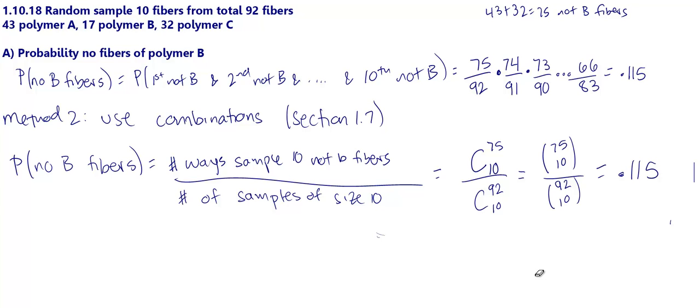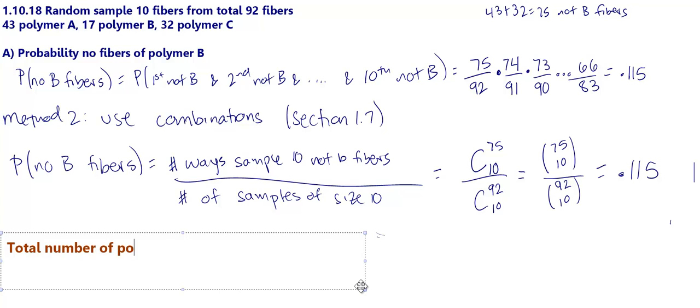So let's make ourselves a note here, that the total number of possible samples of size 10 is 92 choose 10.